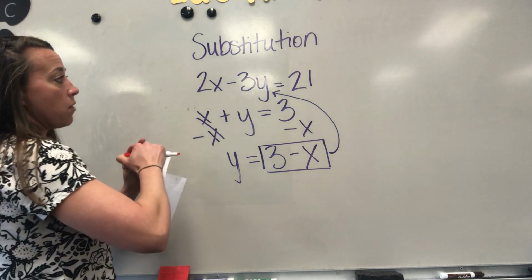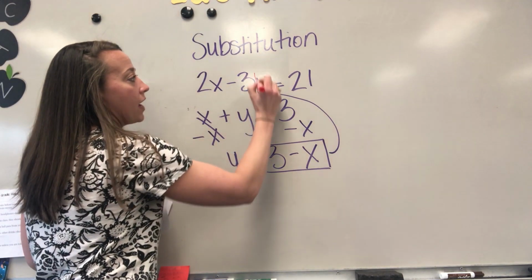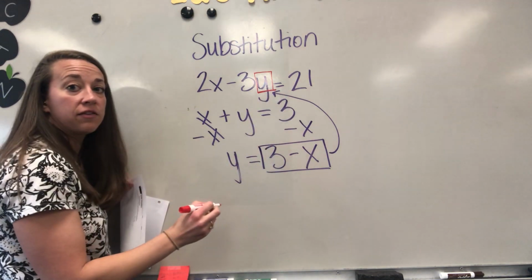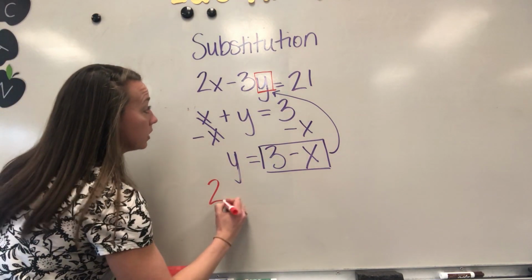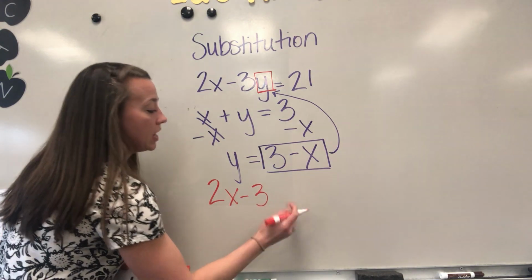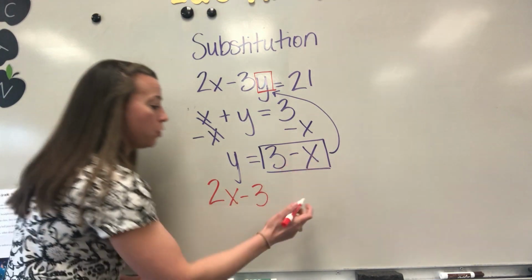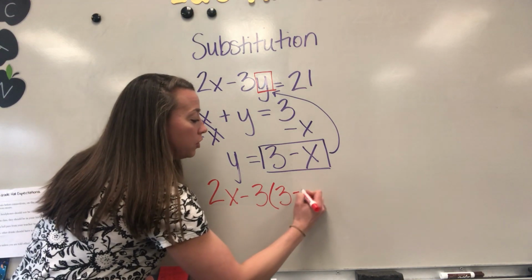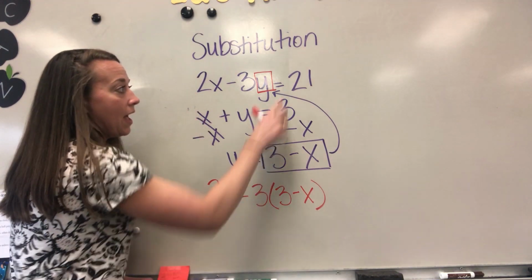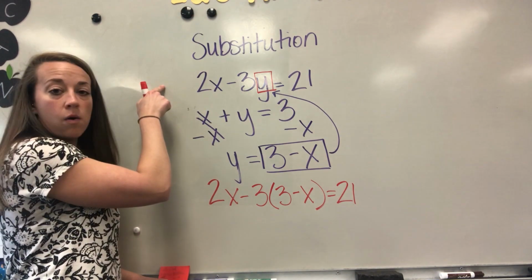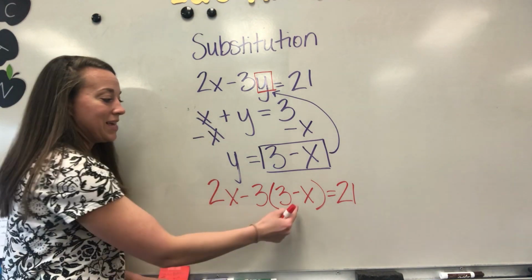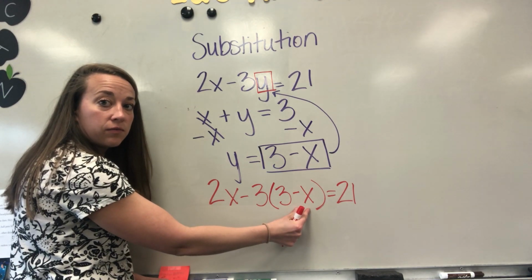I'm going to take this top equation, but everywhere I see a y, I'm going to put what y represents. And y represents 3 minus x. So my equation is going to look like 2x minus 3y, but instead of y, I'm going to put what y represents. We're going to use parentheses here, and then equals 21. So I have taken the top equation, and I have just simply inserted what y represents, okay?